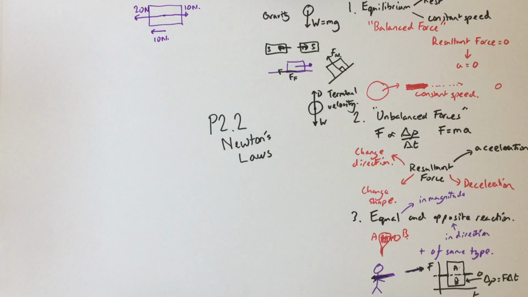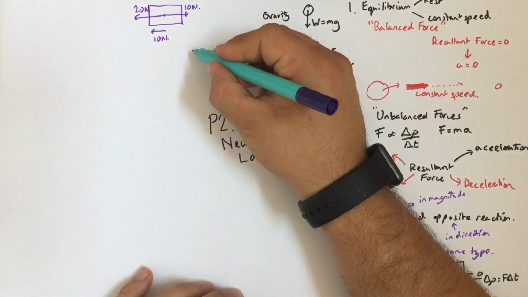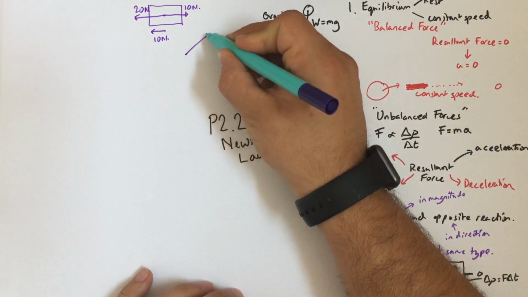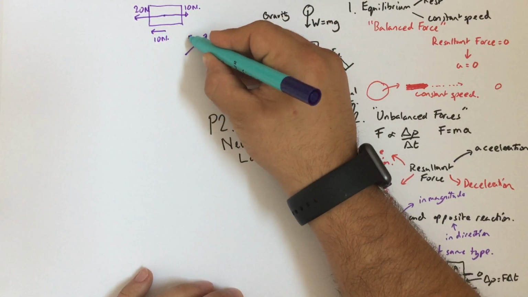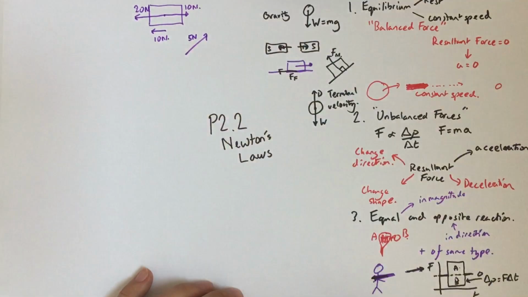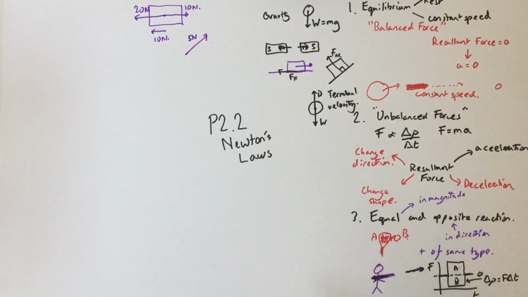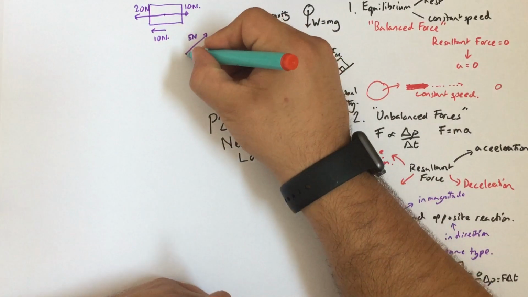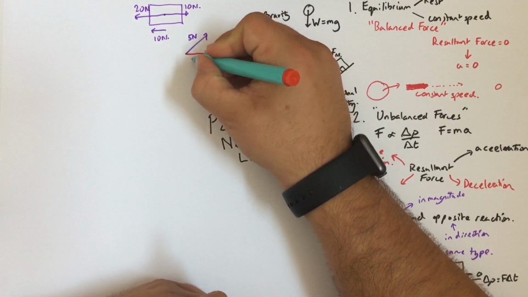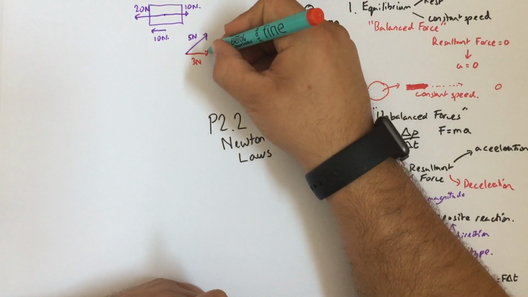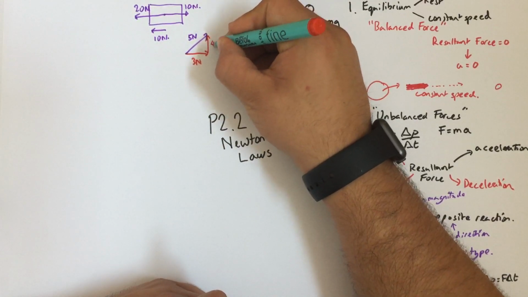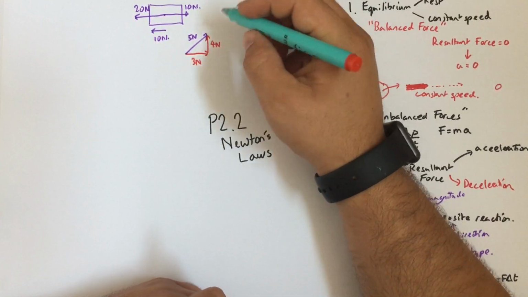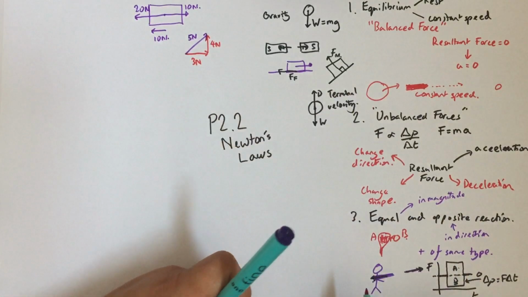So it's very straightforward when the forces are in the same plane. If you've got a force, however, that is at an angle like that, so let's just say that's 5 newtons, then to simplify this force, we can break it into two components. We can break it into a horizontal component, which would be 3 newtons, and a vertical component, which may be 4 newtons.